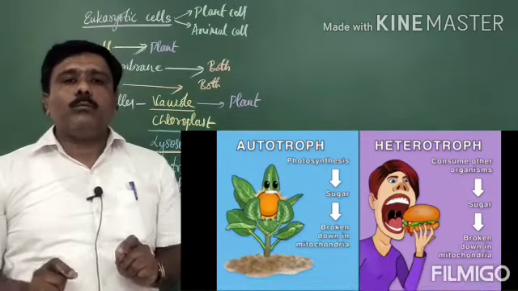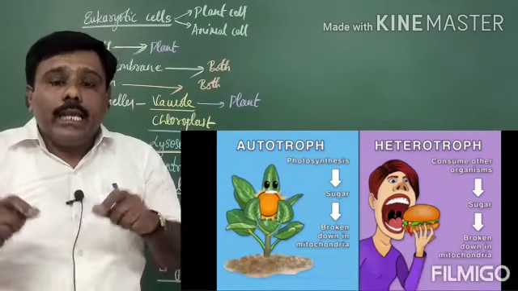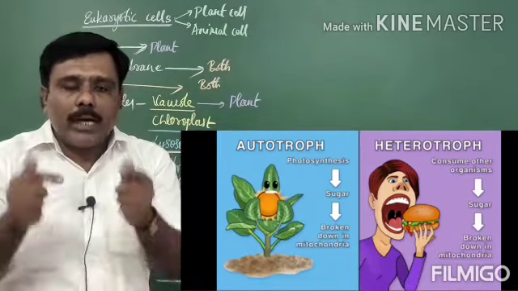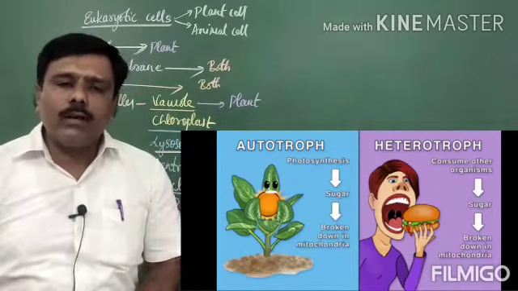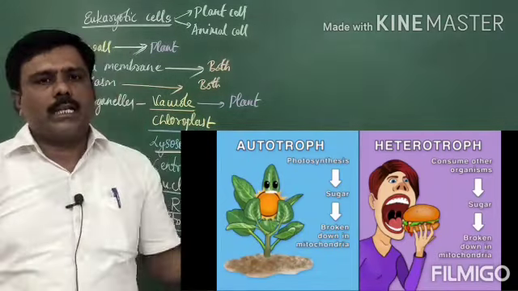Whenever those energy rich compounds are utilized by the cells, energy is released. That energy is utilized by the cell to perform different functions, such as growth and development, reproduction, etc.